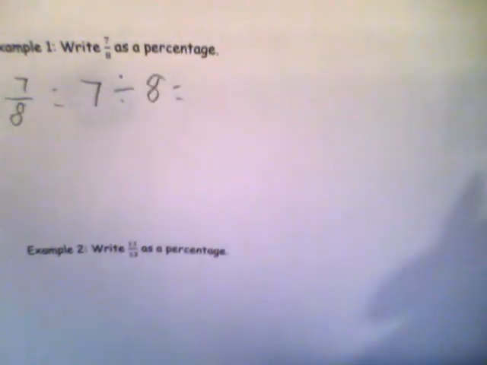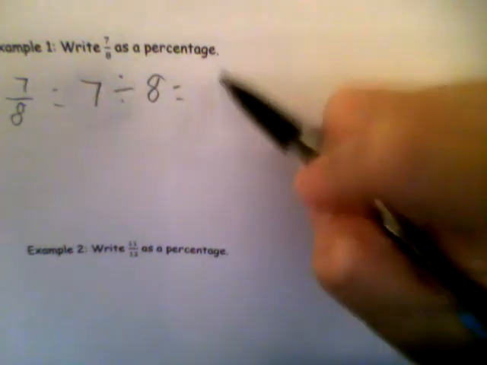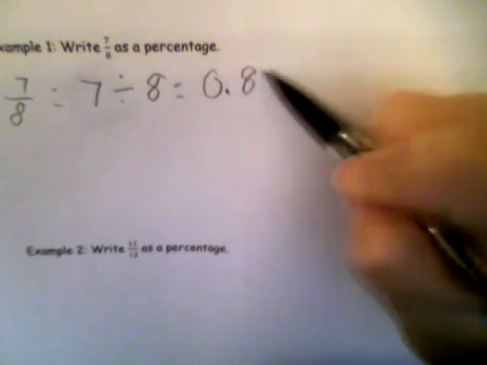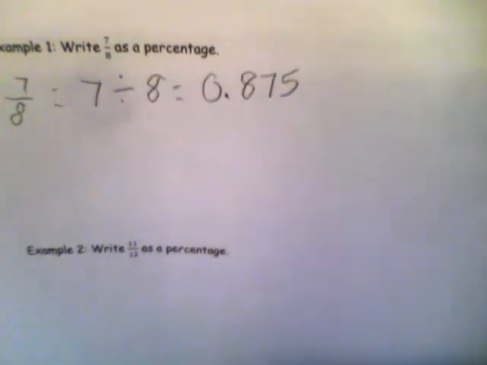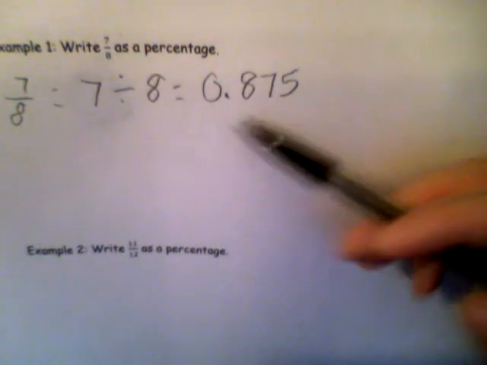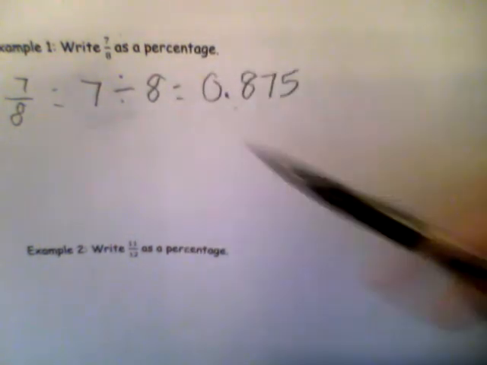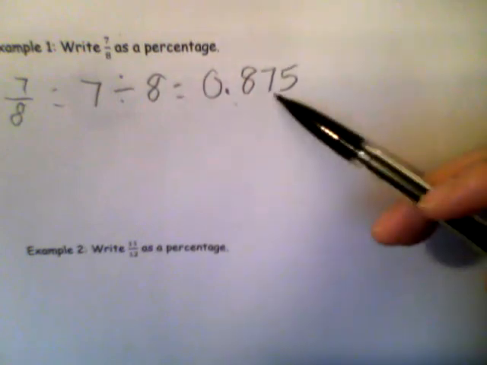Now when you hit 7 divided by 8 into your calculator, you end up getting 0.875. So now we have the fraction in decimal form. Now to get it into a percentage, all you have to do is multiply the decimal by 100, or just move the decimal 2 places over.